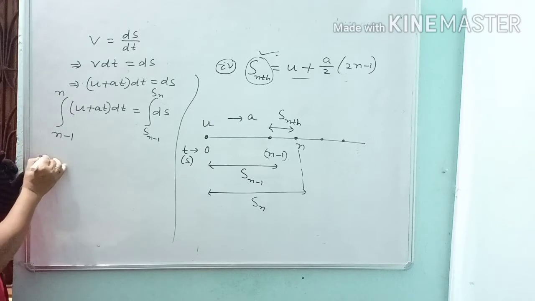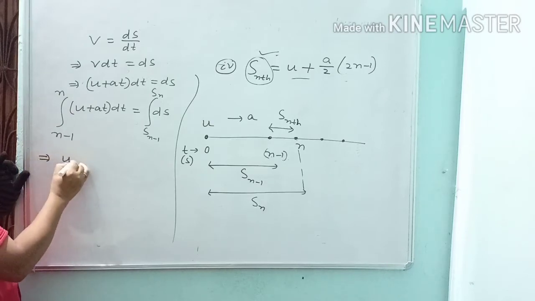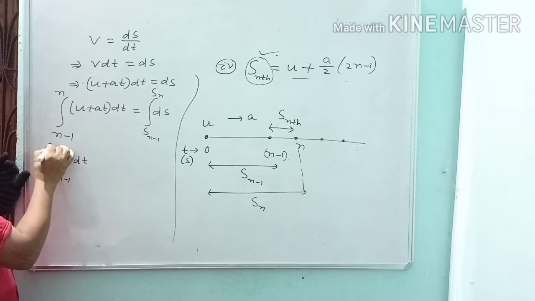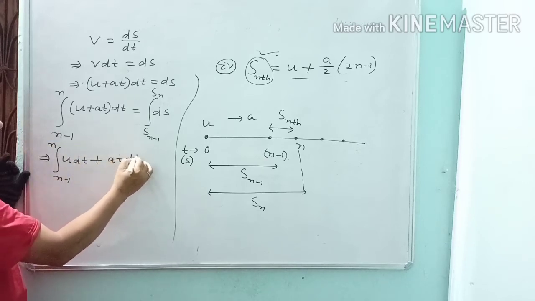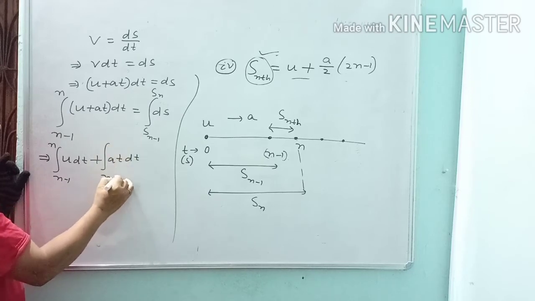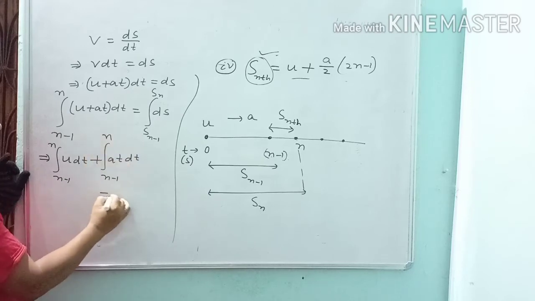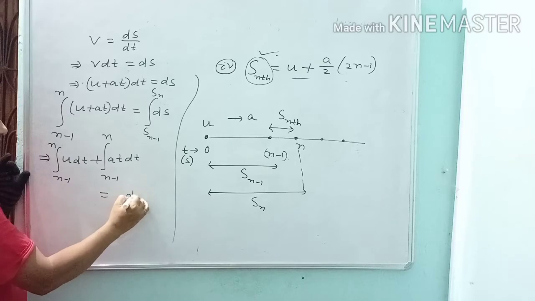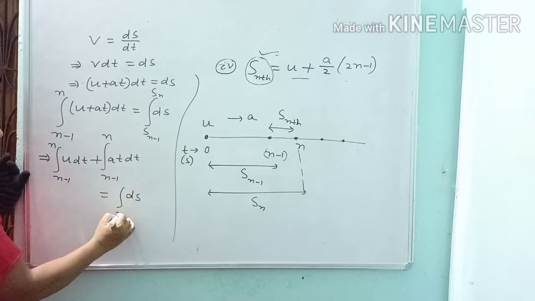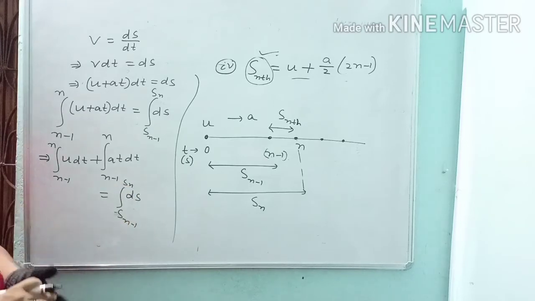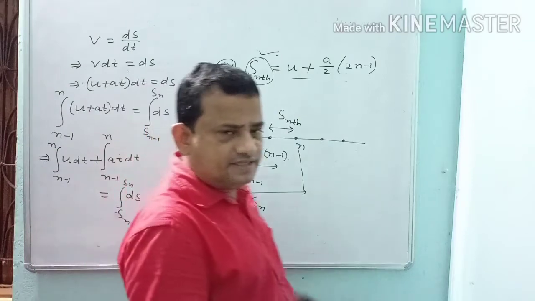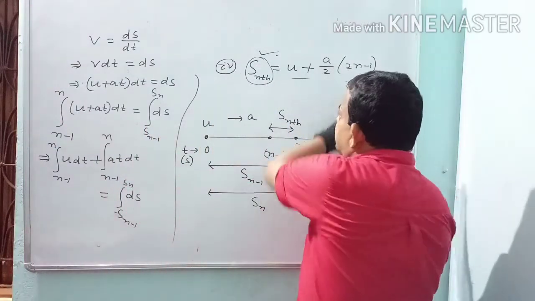So you solve it. Simple integration: ∫u dt from n − 1 to n plus ∫at dt from n − 1 to n is equal to the integration of ds from S(n−1) to Sn. Just the separation I have made. Now take the integration.